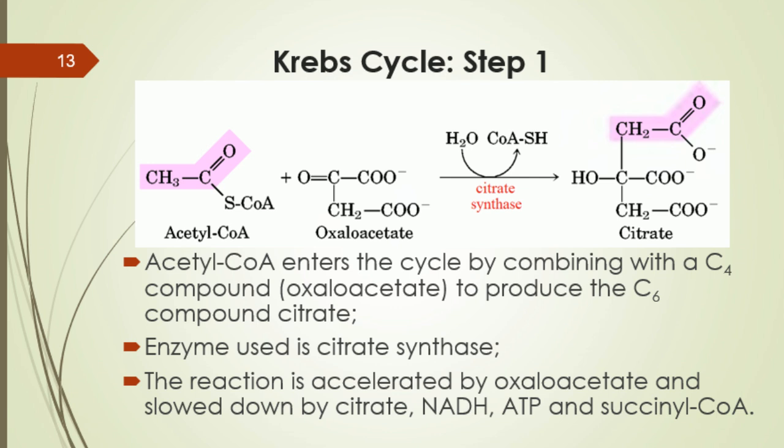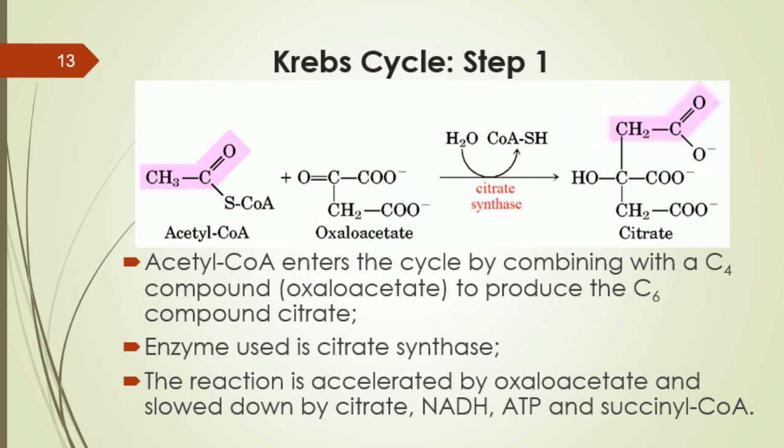The first step is the condensation of acetyl-CoA with oxaloacetate, which results in the formation of citrate. Therefore, the Krebs cycle is also known as the citrate cycle. In this reaction, the methyl group of the acetyl interacts with the ketone group of oxaloacetate, while the thioether bond is broken.